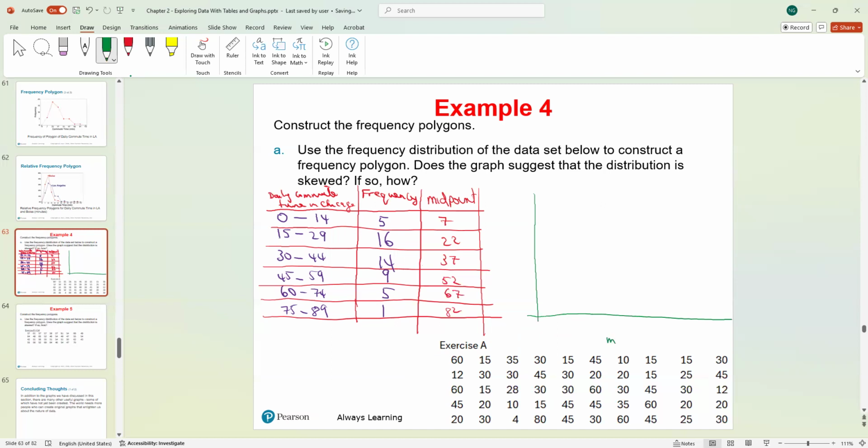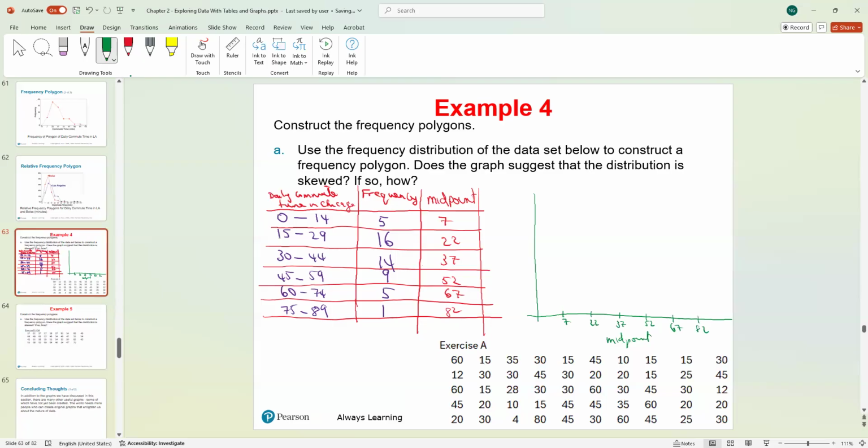Down here, you're going to have the midpoint. So for example, you have 7, 22, that's what falls exactly in the middle, 37, 52, 67, 82.